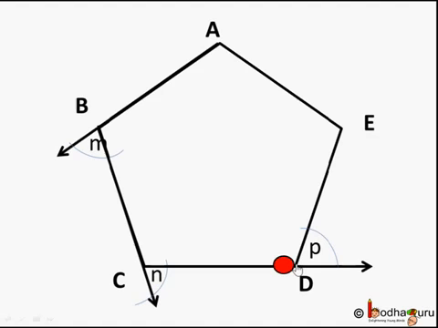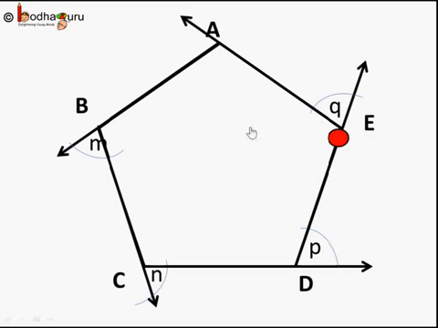And I start walking on this side. Then as soon as I reach this point, I need to turn again to walk on this line. I need to walk on the boundary, right? So I turn by angle P and I start walking on this side, this boundary of the pentagon-shaped park. As soon as I reach point E, I again turn by an exterior angle Q to start walking this way.